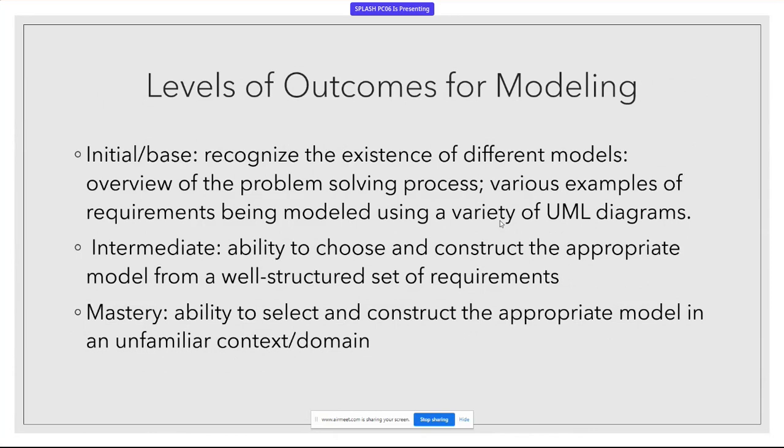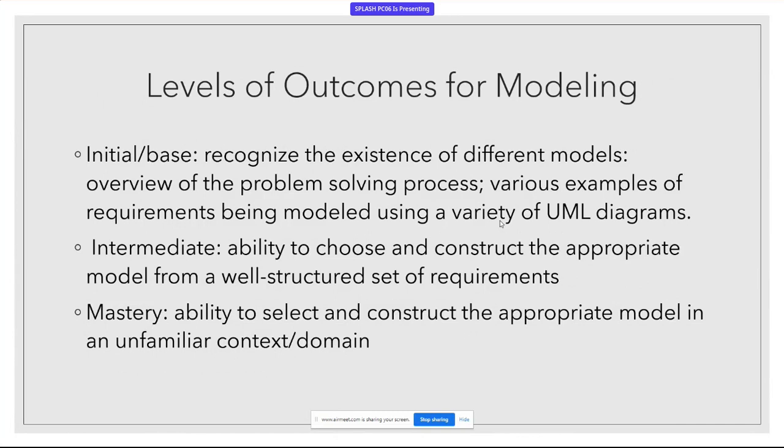So, to teach this concept, which we found rather difficult for students to grasp, we do our activities in three stages. One is the initial or base stage, where they get a sense of what modeling is and get an overview of this whole process. They get some examples.